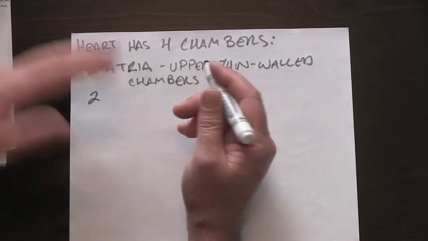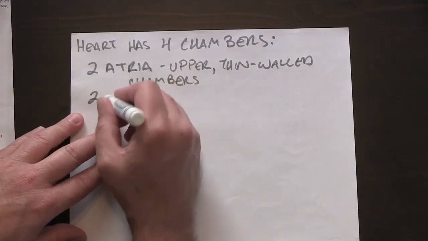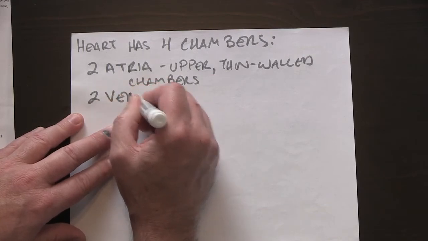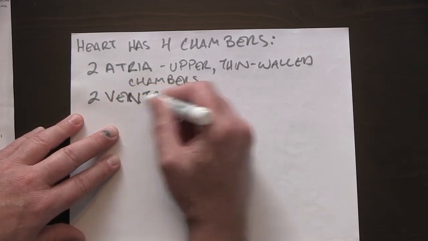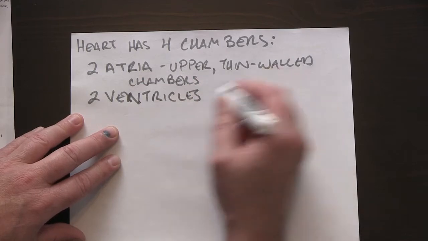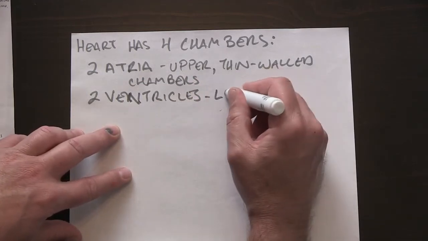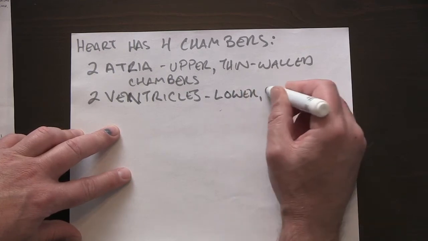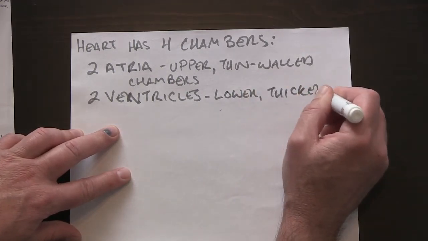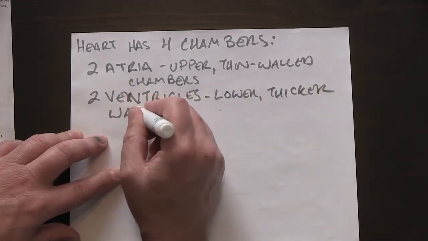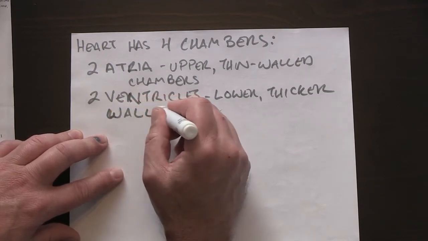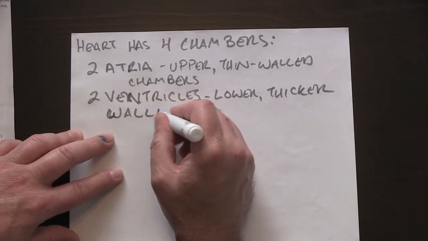And then on the inferior part of the heart, you have two ventricles. And these are the lower, and they tend to be thicker walled, especially the left.